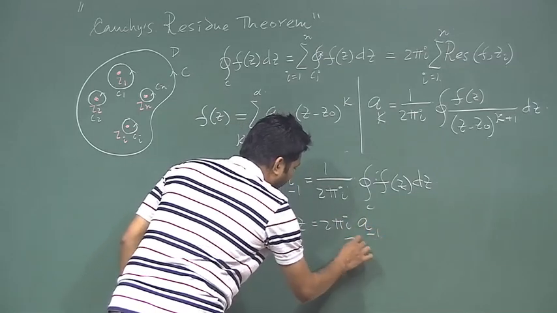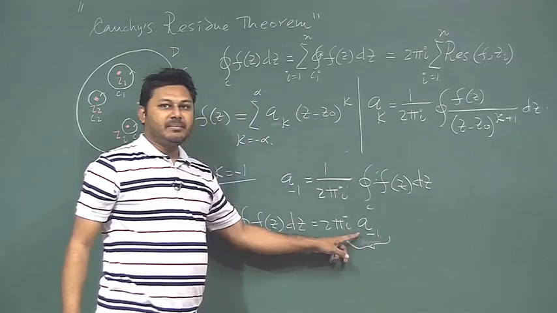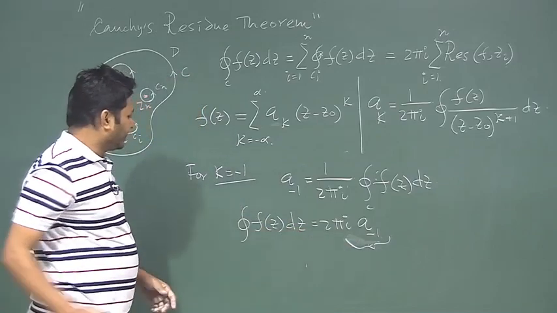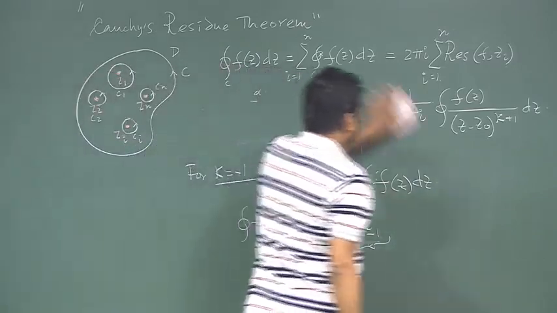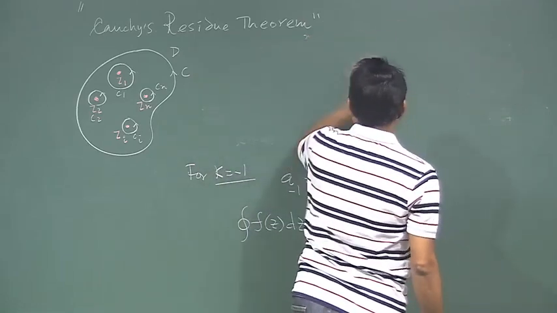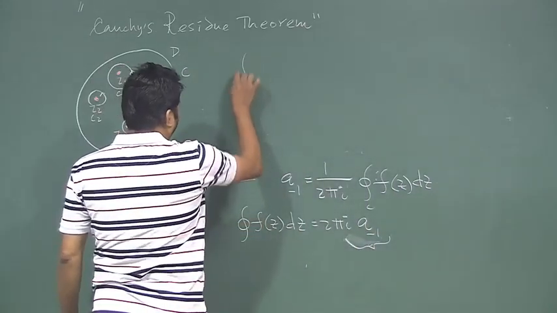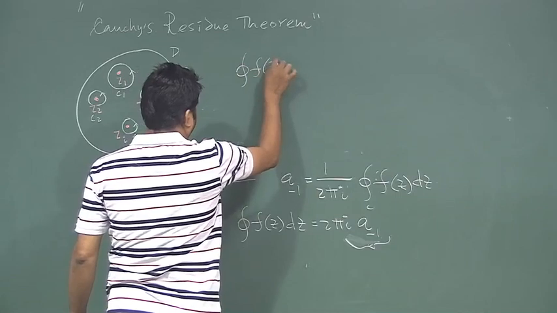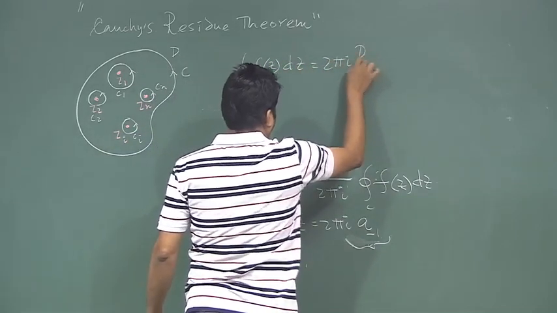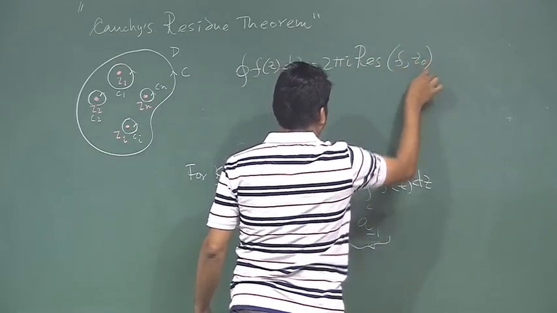Now this a minus 1 is nothing but the residue. So I can rewrite this expression as 2 pi i times the residue of this function at the point z0 where the function is singular.